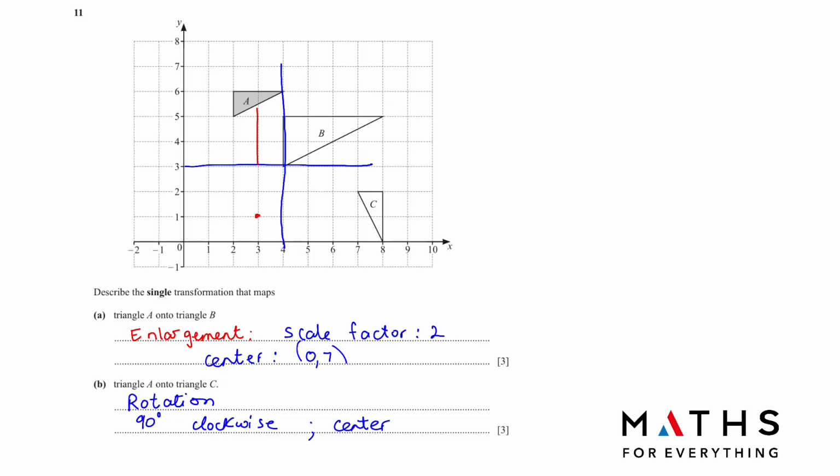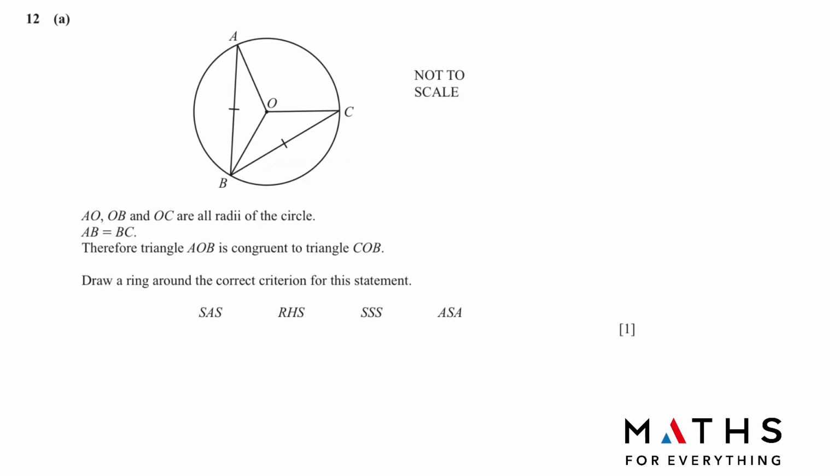So when you put your tracing paper to 3, 1 and then you rotate it, you will get the triangle A onto triangle C. So the center is 3 and 1. Next question.